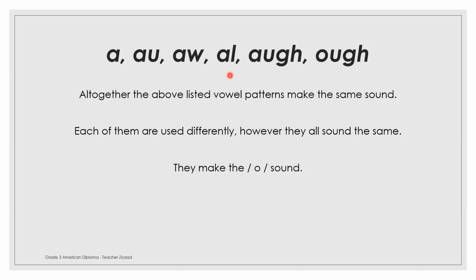What I want you to remember and keep in your mind at the moment is that these two here, AUGH and OUGH, they actually can make a different sound as well when combined with other letters and words. But I want you to just focus on the O sound for me today, okay? So we're going to hop on to the next slide, and then we'll have a look.